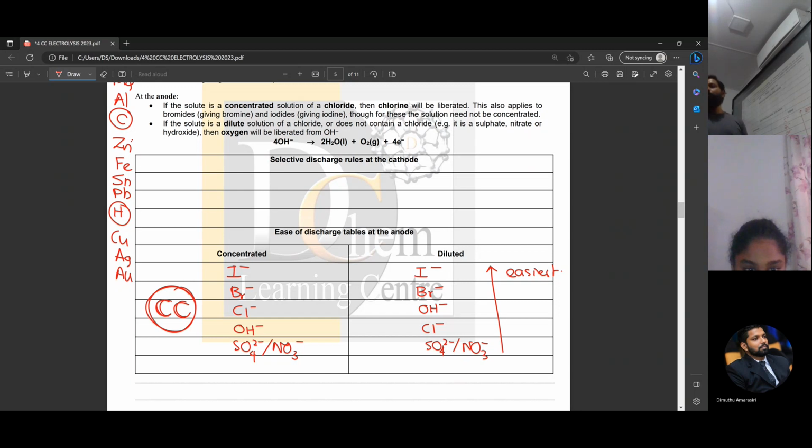Now go to the back of your tutorial and see whether you can write down the list. Add the selective discharge rule here. Go to the last page and try whether you can remember what we just wrote.